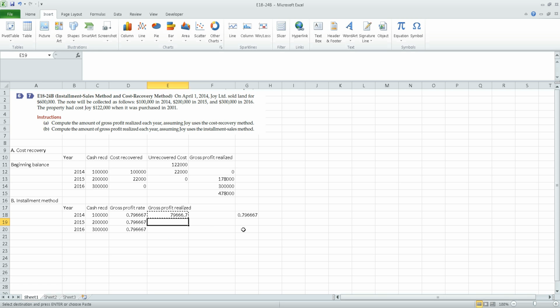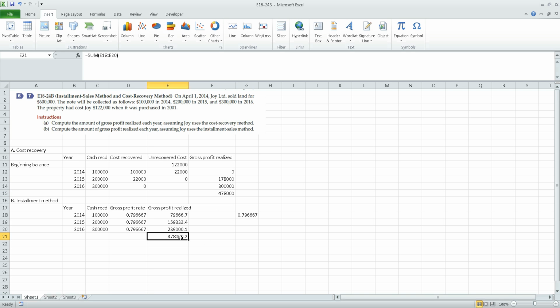In 2015 we're going to report $159,333, and in 2016 we're going to report $239,000, and that should, with rounding difference, sum up to the same amount of gross profit that we reported up here.